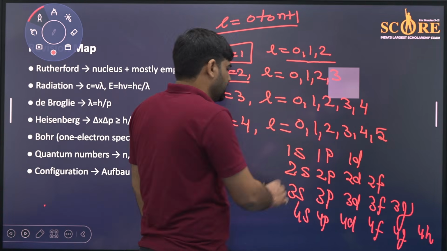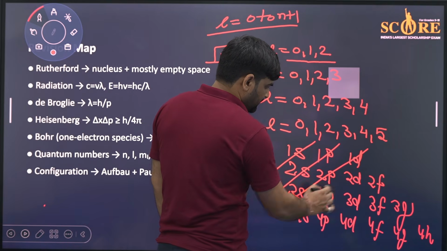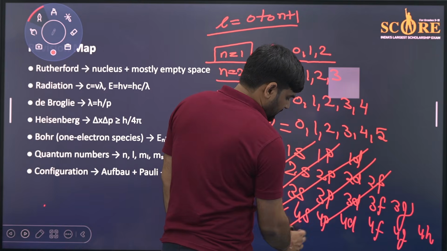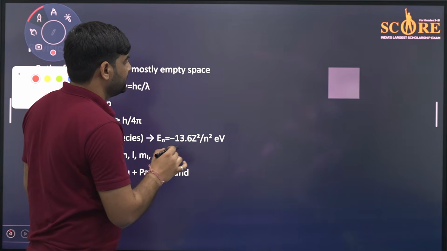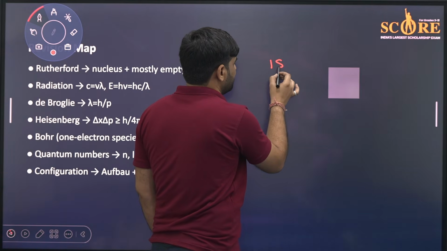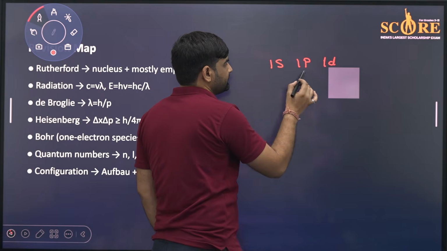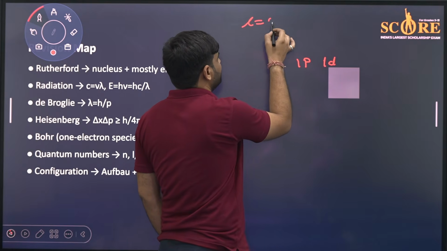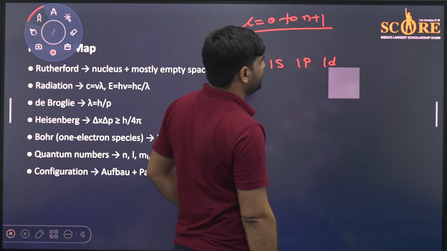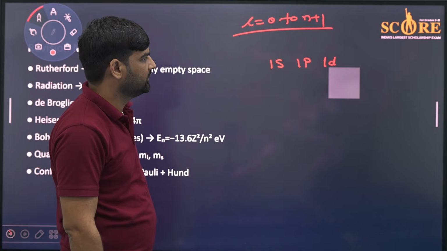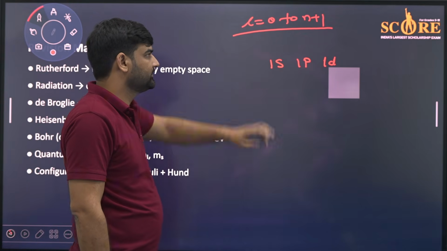Now the energy order will be decided by this path. So we can write the energy order: 1s, 1p, 1d, because l was 0 to n plus 1. So if we write n equals 1, then this will be this.